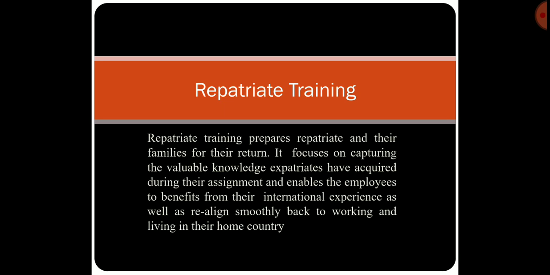Repatriate training helps expatriates utilize the knowledge they have acquired from international operations. The repatriates also help other employees with their international experience, which helps them in a future international assignment. That process is called repatriate training.